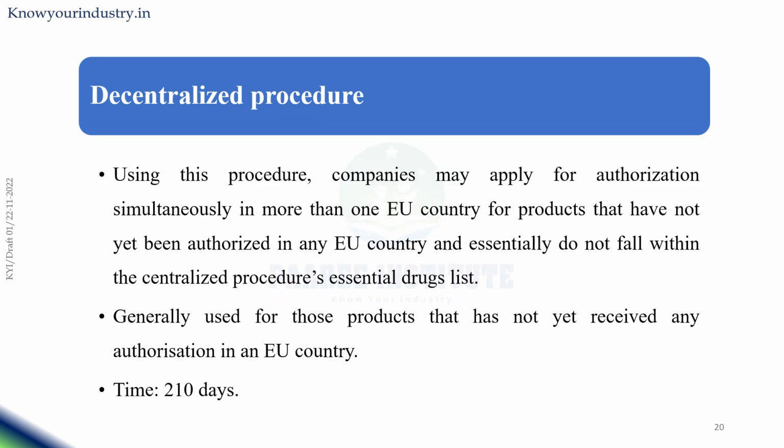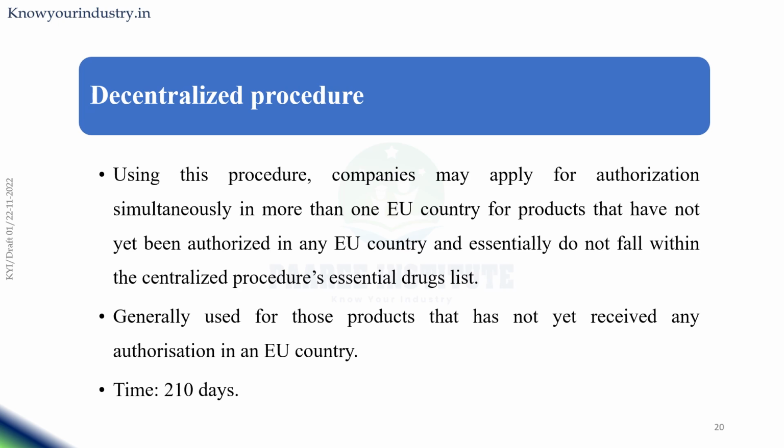The fourth procedure is the decentralized procedure. Using this procedure, companies may apply for authorization simultaneously in more than one EU country for products that have not yet been authorized in any EU country and essentially do not fall within the centralized procedure's essential drug list.